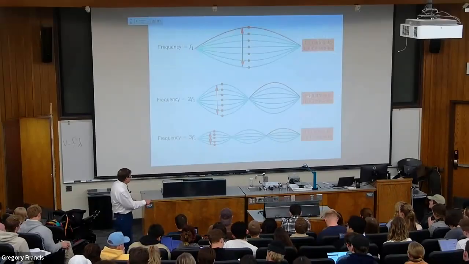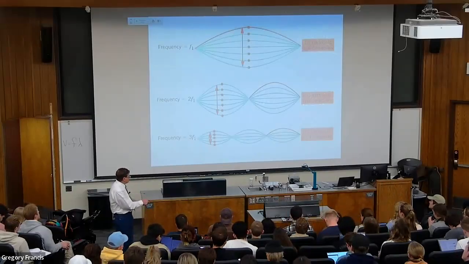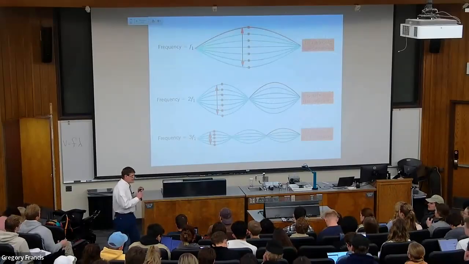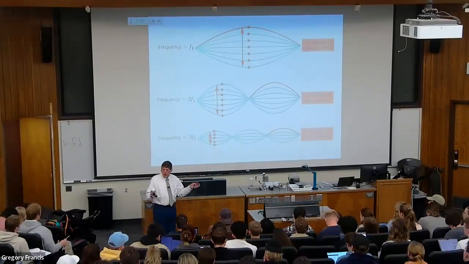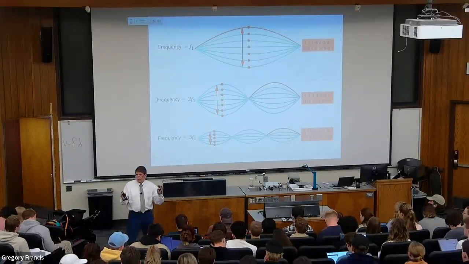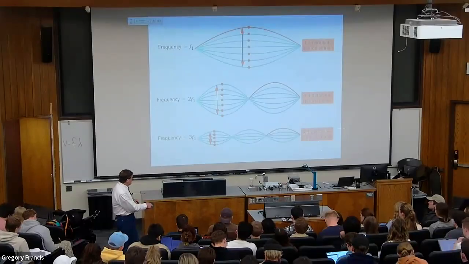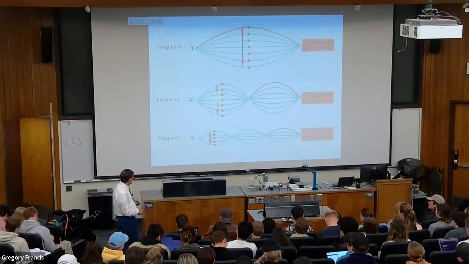But the second harmonic for us has 2 footballs, and the music department would call that the first overtone, okay? And I'm not saying that they're wrong. I'm just saying that we're right, okay? That's what I'm saying. Now, this one we would call the third harmonic, and they would call it the second overtone.